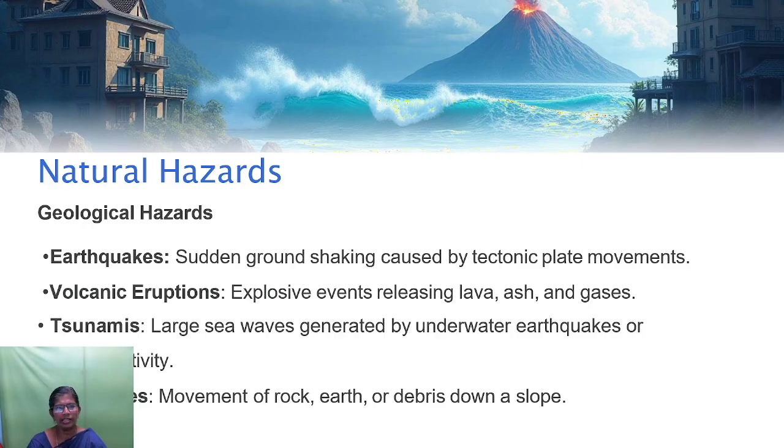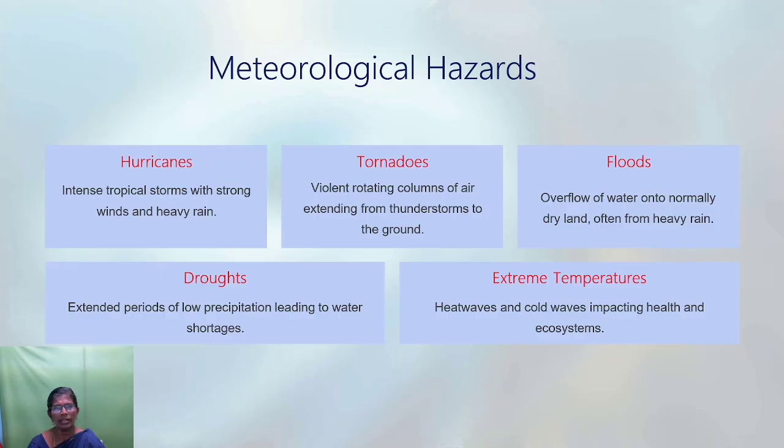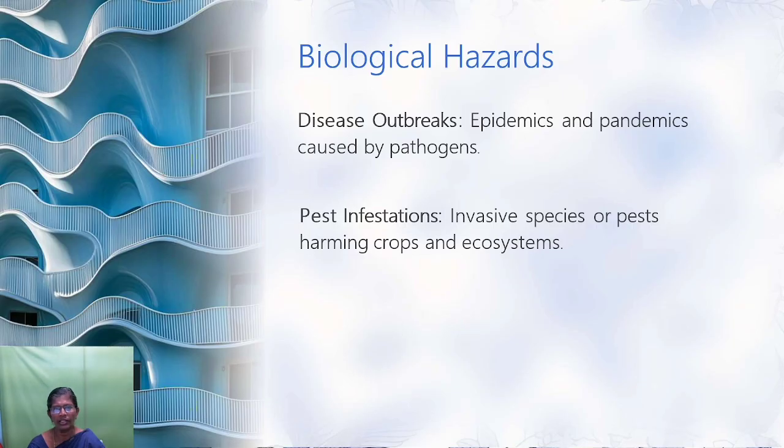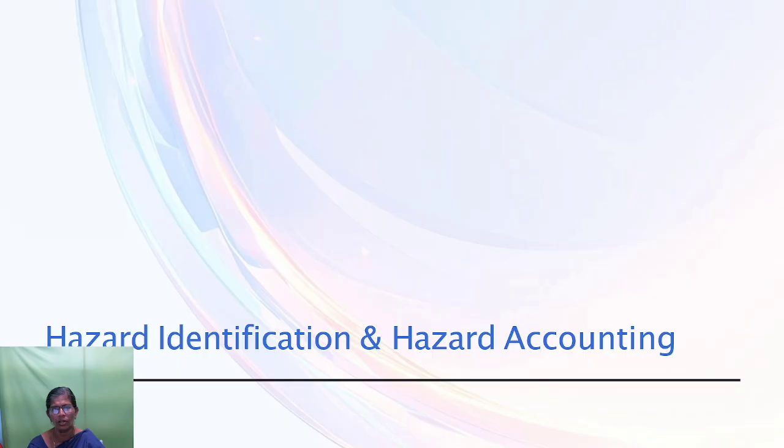The geological hazards are like earthquakes, volcanic eruptions, tsunamis, landslides, etc. Then meteorological hazards include hurricanes, tornadoes, floods, droughts, extreme temperatures. Biological hazards cause disease outbreaks due to pathogens and pest infestations which affect the crops and other ecosystems.